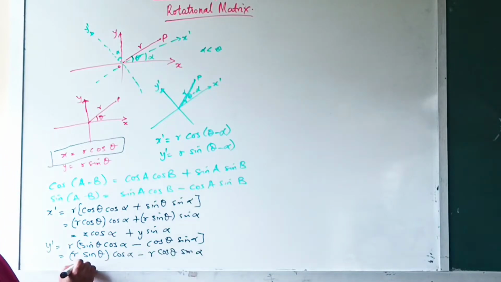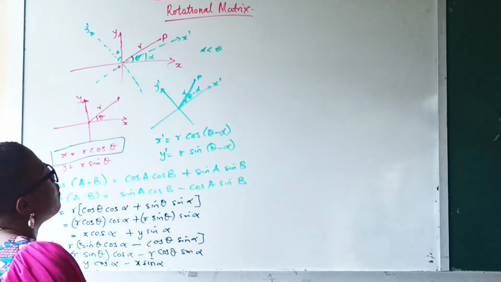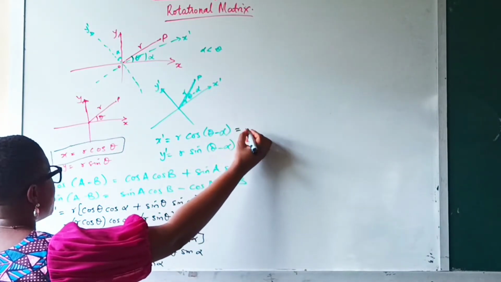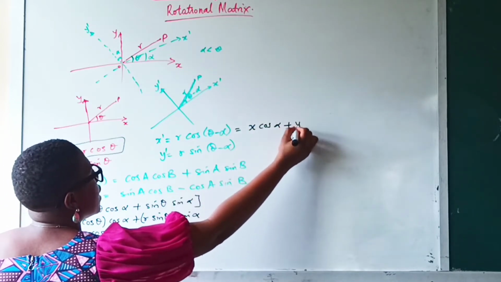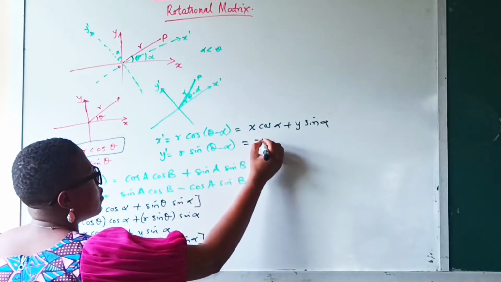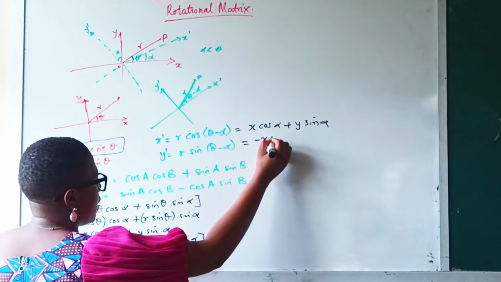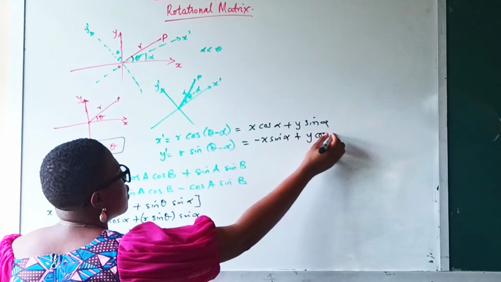And this will give me y cos alpha minus x sine alpha. So what we have now is that x prime is equal to x cos alpha plus y sine alpha, while y prime is equal to, I want x to be first, so I have minus x sine alpha plus y cos alpha.